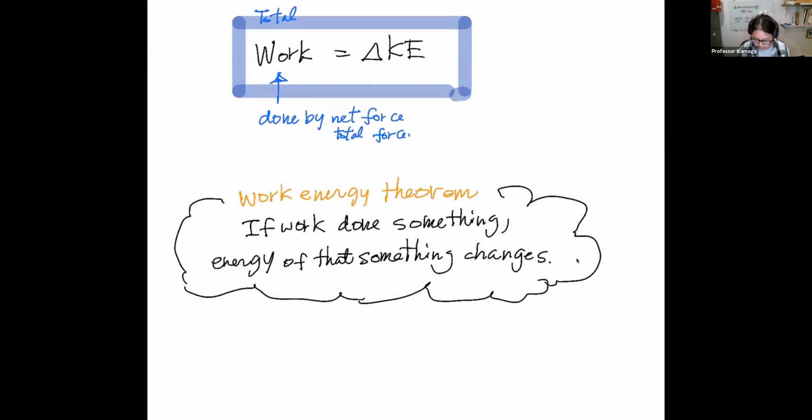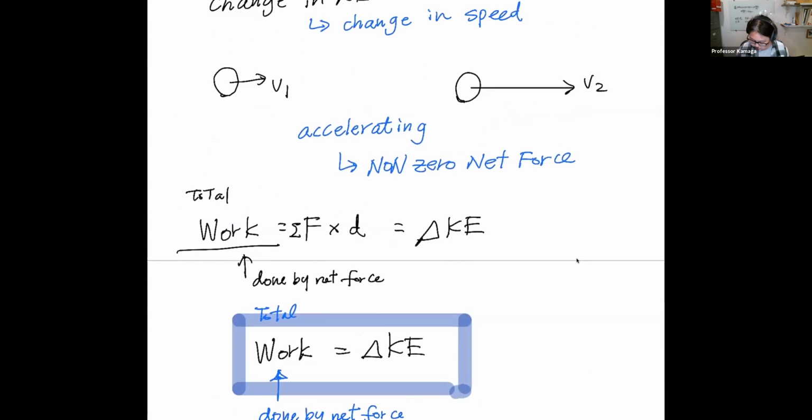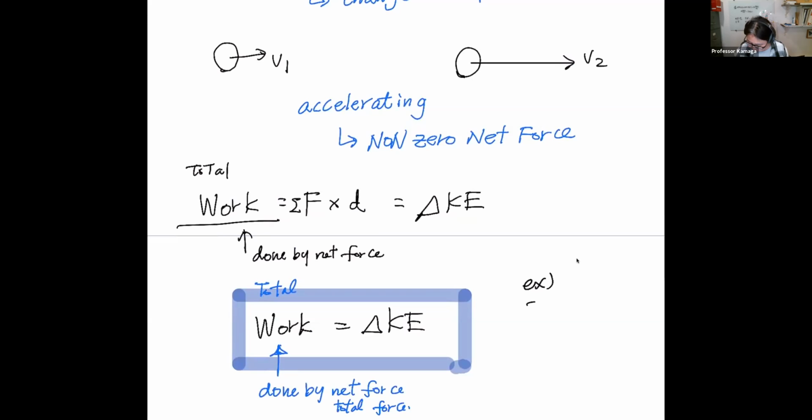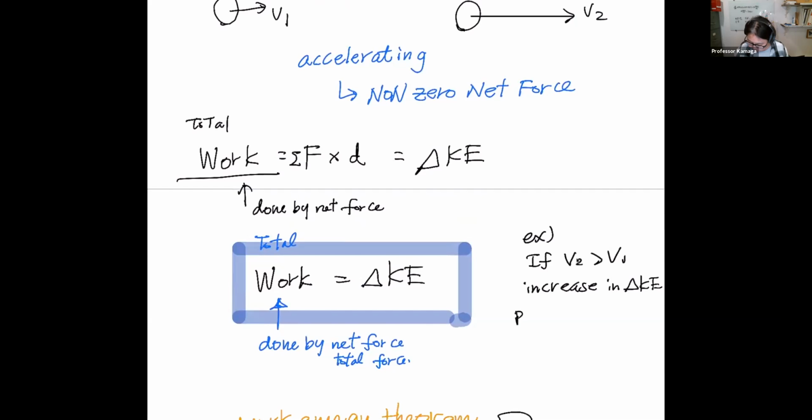Let's say in this example V2 is bigger than V1, then it's an increase in kinetic energy. That means positive work done by the net force. Net force was applied and then it moved a distance d.